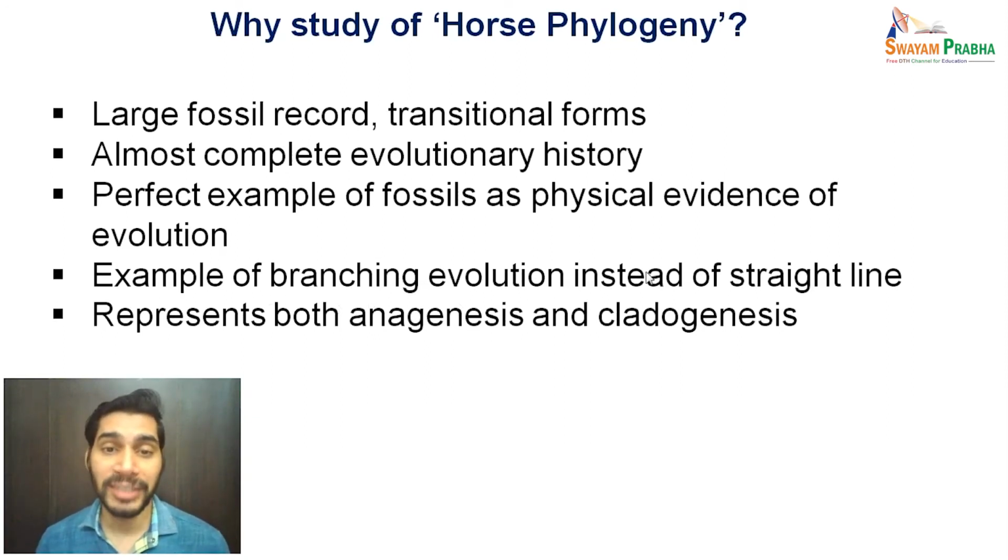So it represents both anagenesis, the straight line kind of evolution, and branching offshoots, that is cladogenesis. So it is not just proving the evidence of evolution, but it helps us understand various phenomena of evolution as well. That is the reason we particularly study horse phylogeny.